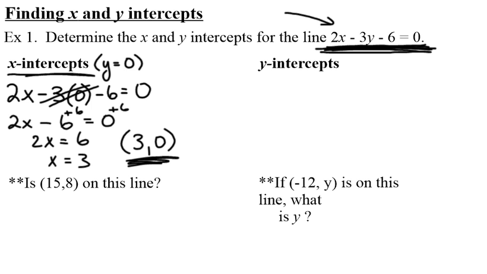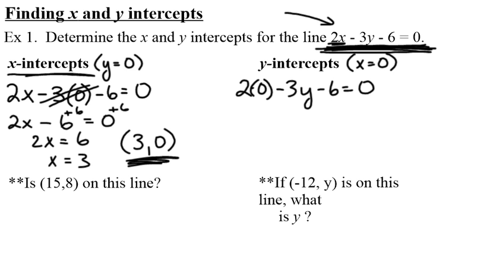Y-intercepts, same kind of idea, but our x is 0, because if we hit the y-axis, our x value is 0 because we haven't moved left or right. So it's the same idea. But now 2 times x is going to be 2 times 0, minus 3y minus 6 equals 0.